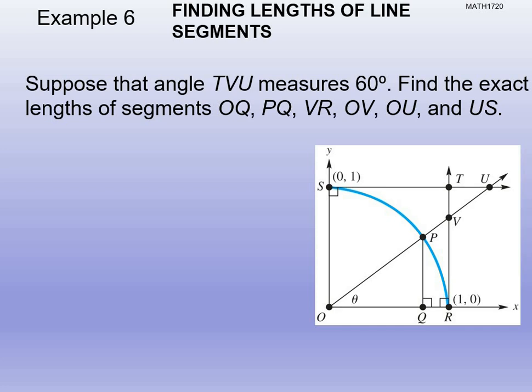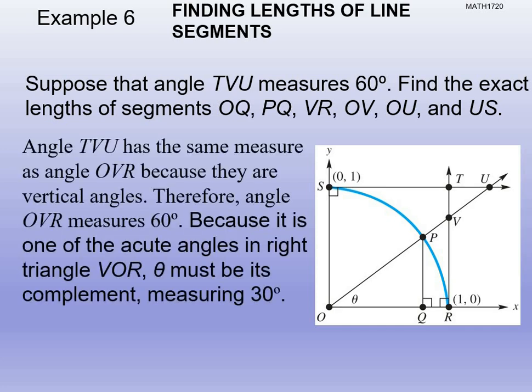So we should know that that part is 60 degrees. So, do we use 60? No, we have to use 30. 30 is the theta. I know that SOU is 60 degrees because it's corresponding to our given angle of TVU. So I have to find theta, and I know that's a 90-degree angle, so 90 minus 60 is 30. So my theta is 30.